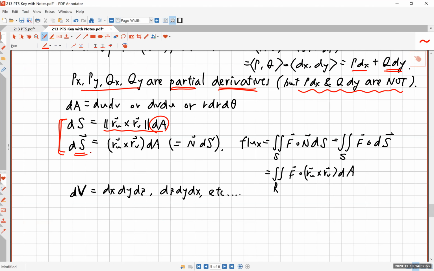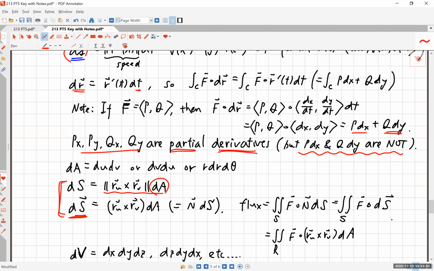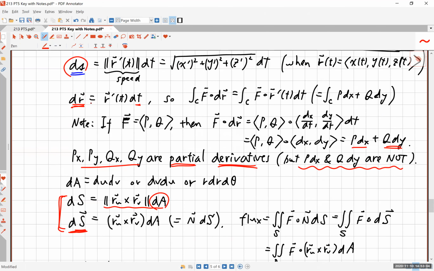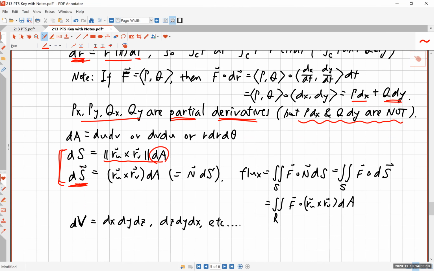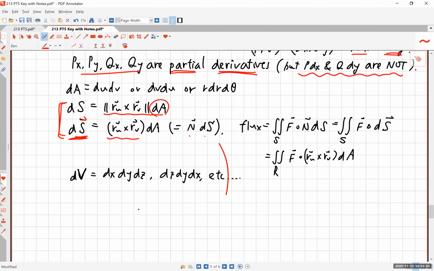Now, what in the world is this d capital S with an arrow? Okay, this is like our dr. This is very much like a two-dimensional version of the dr. The dr with a vector was r prime dt. And the S with a vector here turns out to be the normal component times dA, right? And so remember, it's n dS. And if you really want to know what this was, remember how you found your S for a parameterized surface.